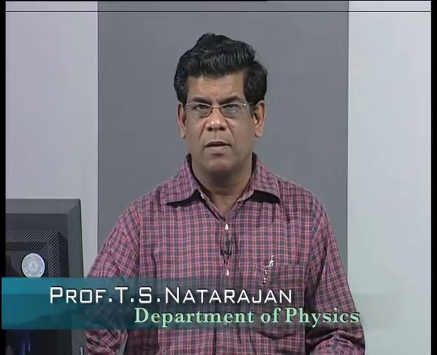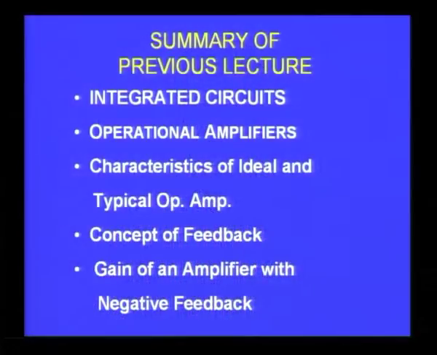So in our series of lectures on basic electronics, learning by doing, let us move on to the next lecture. Before we do, as usual, we will look at topics that we learnt during the previous lecture.